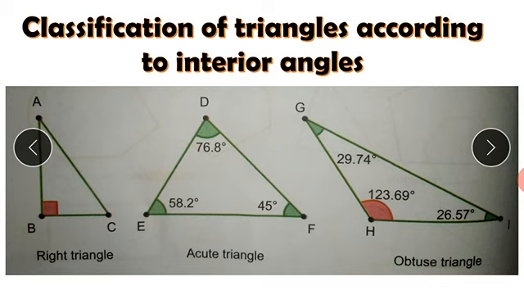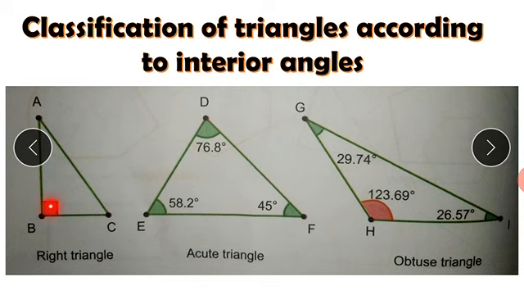Next, let's move to classification of triangles according to interior angles. When you say right triangle, it means that it has one right angle, just like a square in the corner of two lines.